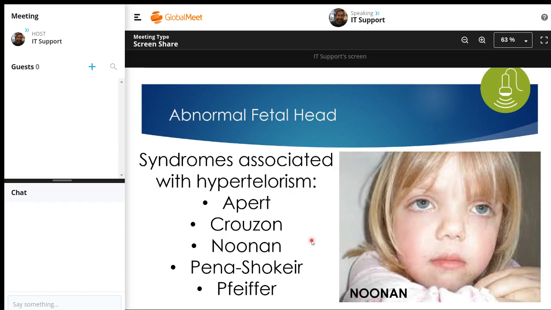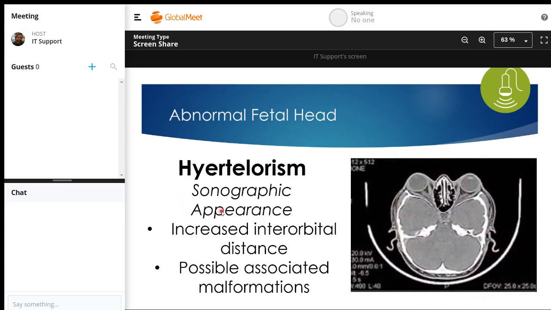So just some examples of the syndromes that can present with hypertelorism. Sonographic appearance: increased interorbital distance, so far apart eyes, and then those possible associated malformations. Obviously the CT looks very, very weird with the eyes that far apart.